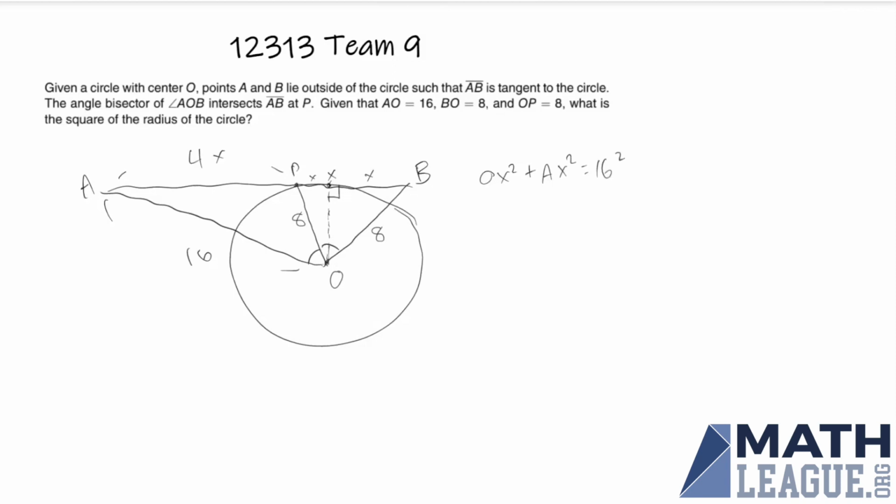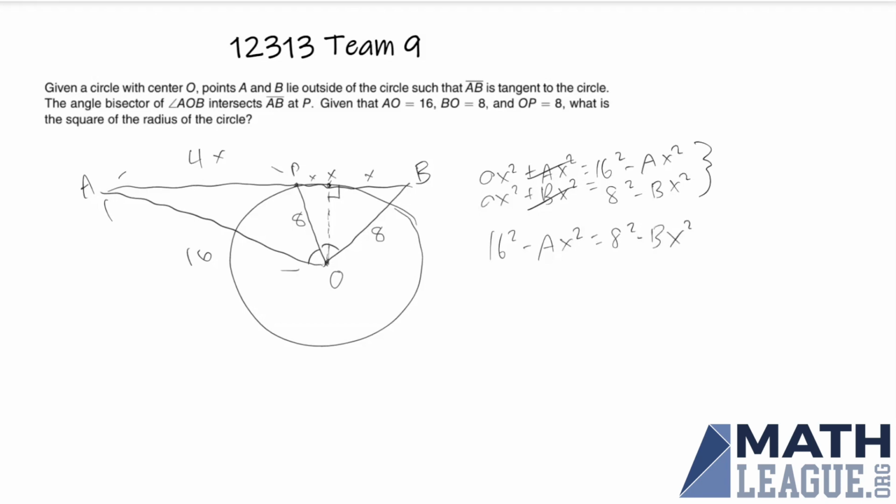And then we have OX squared plus BX squared equals BO squared, which is 8 squared. Then we can set these two expressions equal, so we have 16 squared minus AX squared equals 8 squared minus BX squared.